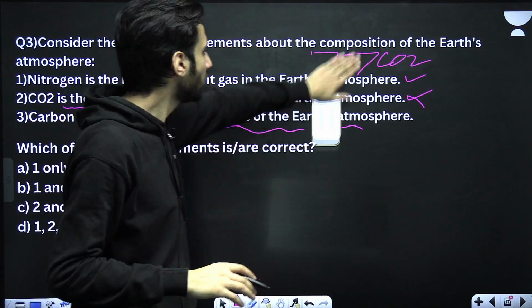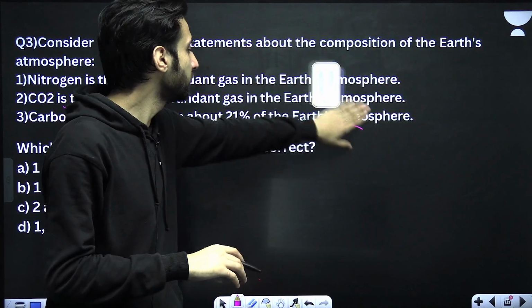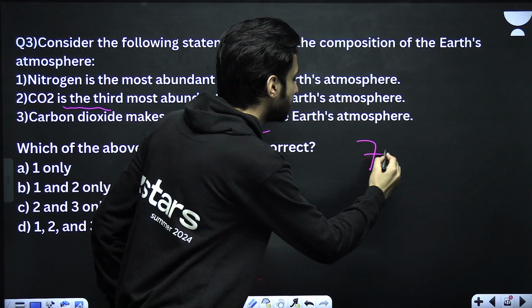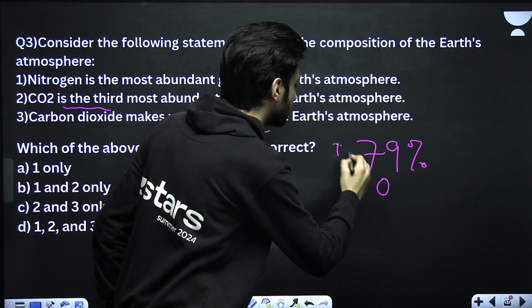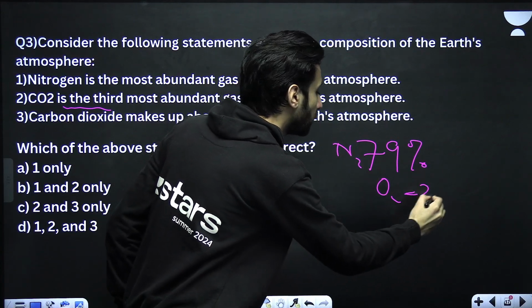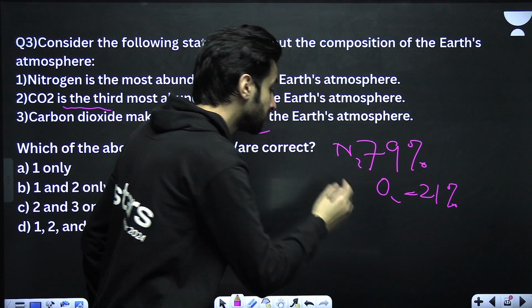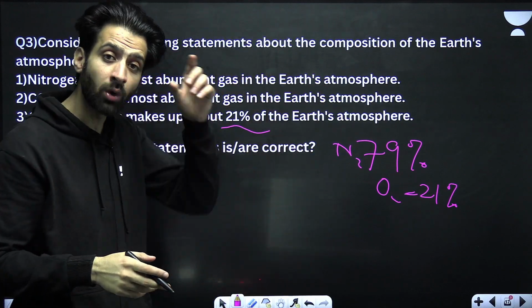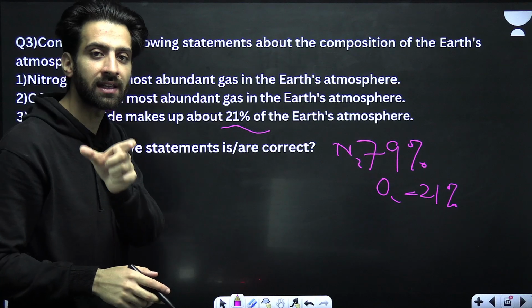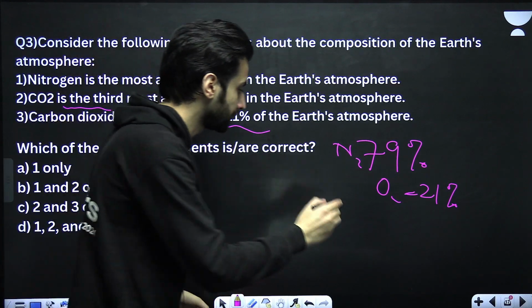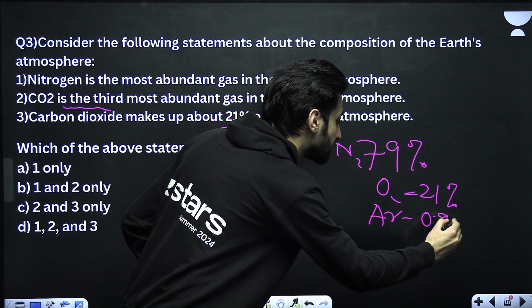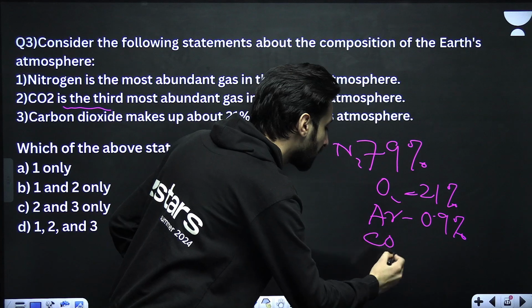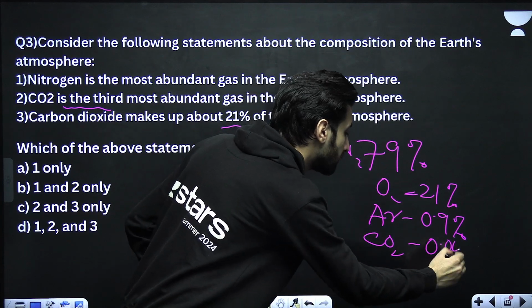When we talk of the concentration of gases, nitrogen is about 79%, oxygen is about 21%, and then the third most abundant gas in the atmosphere is not carbon dioxide but argon, at about 0.9%, and carbon dioxide is about 0.04%.